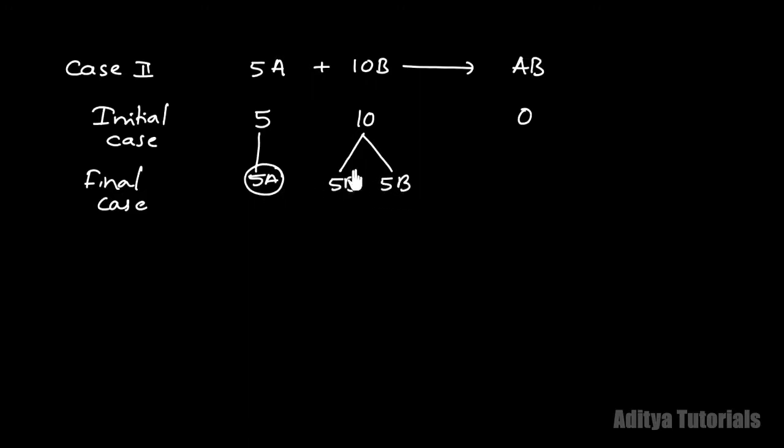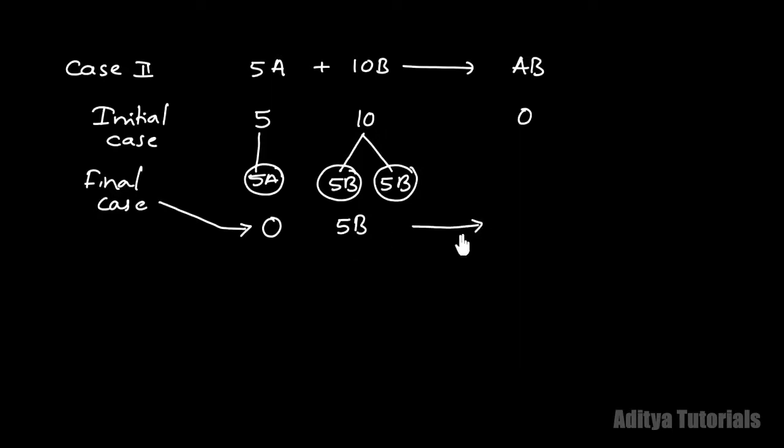So 5A completely reacts with the 5B. The other 5B, the other reactant, is unreacted because there is no A left. So at the final case, A is completely reacted and it is 0. Out of 10B, only 5B have reacted with A. Therefore, B is 5.